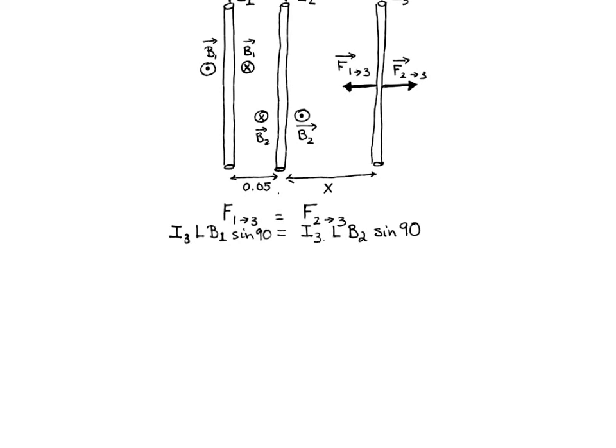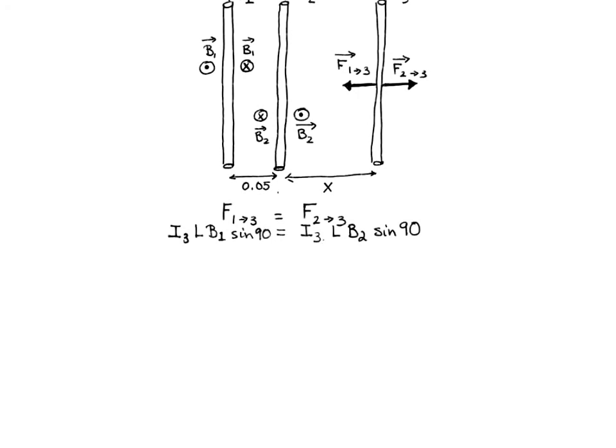And that allows us to write the forces as I3 L B1 sine 90 has to be equal to I3 L B2 sine 90. Obviously, this simplifies. There's I3 on both sides, there's the length on both sides, and the angle between I3 and B1 is the same as the angle between I3 and B2.